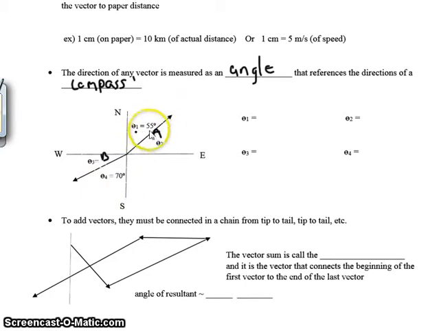So we can see that theta 1 is 55 degrees over from the north pointing direction. So it's not just good enough to say that this vector A is 55 degrees. We have to reference it to either the north or the east line. So what we would say, it's 55 degrees.